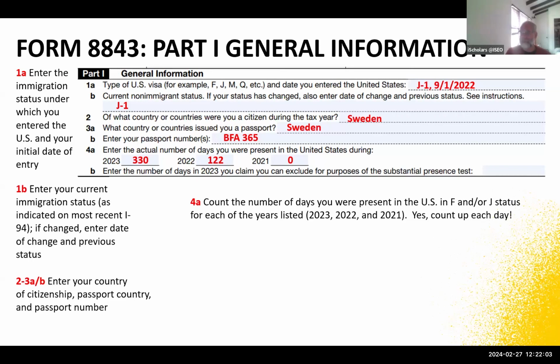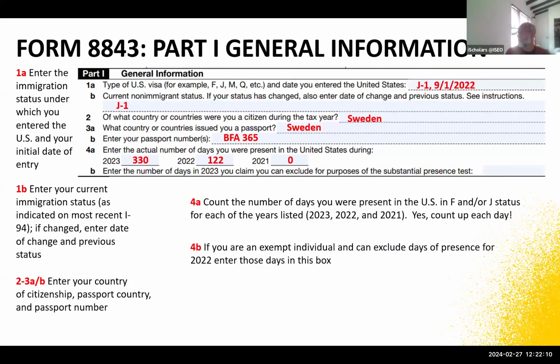So if you're still an exempt individual in 2023, I can exclude all days of presence. So I will put all those days as excluded for purposes of the substantial presence test. So this is how then everyone here would be filling out this part 1 of this form.